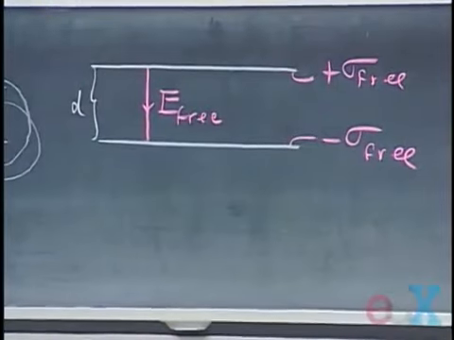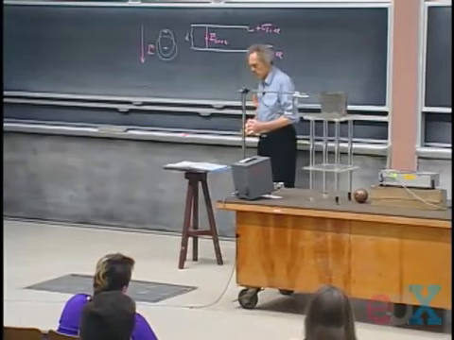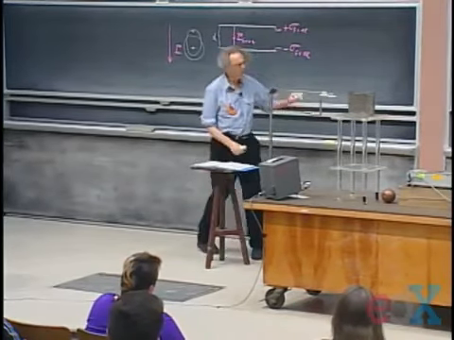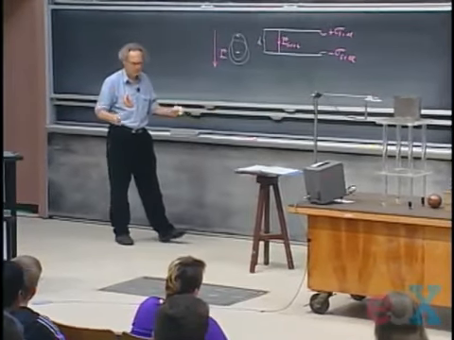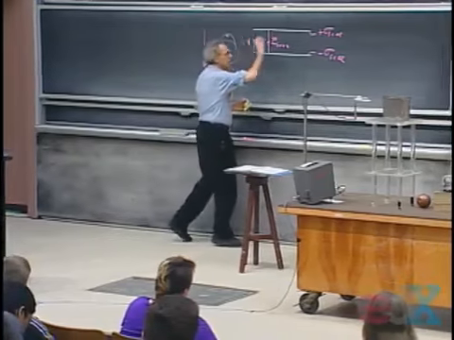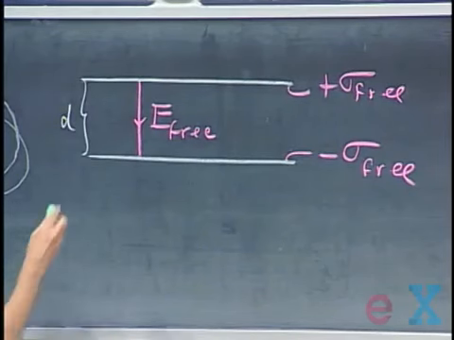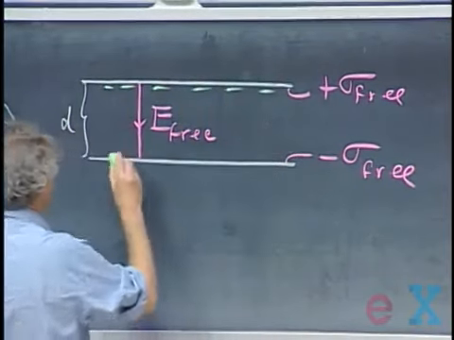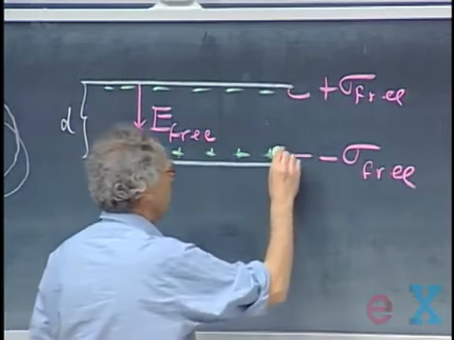I now remove the power supply that I used to give it a certain potential difference. I completely take it away. So that means this charge here is trapped, cannot change. But now I move in a dielectric. I move in one of those substances. And what you're going to see here now, at the top, you're going to see a negative induced layer, and at the bottom, you're going to see a positive induced layer.